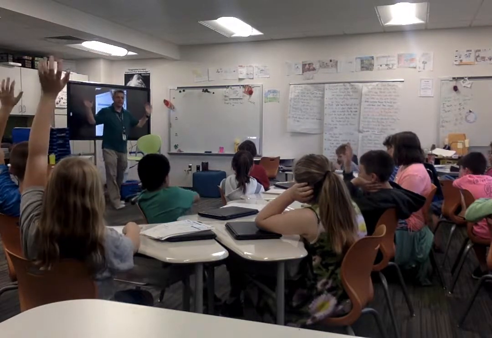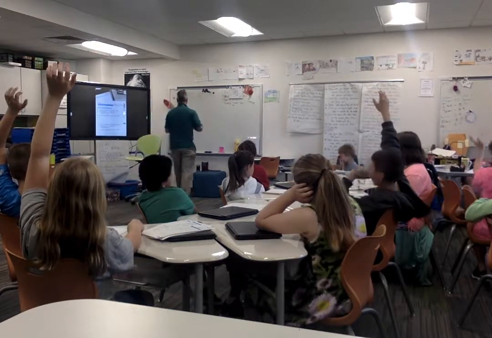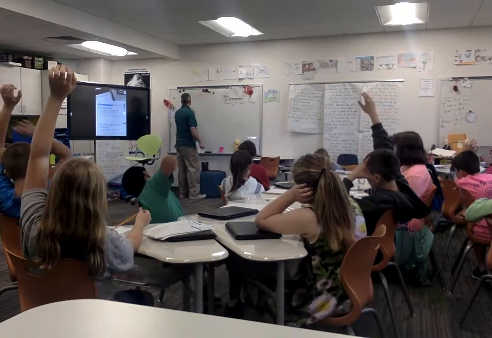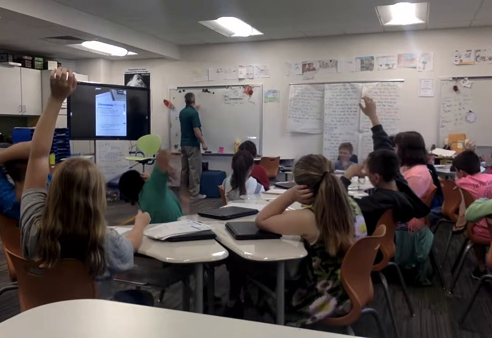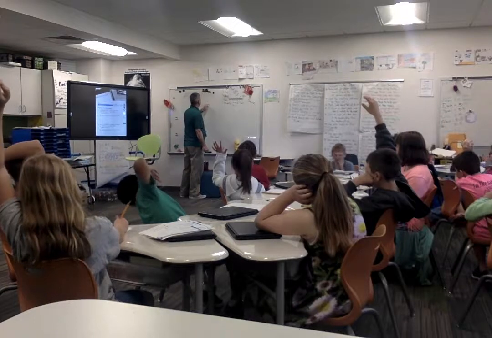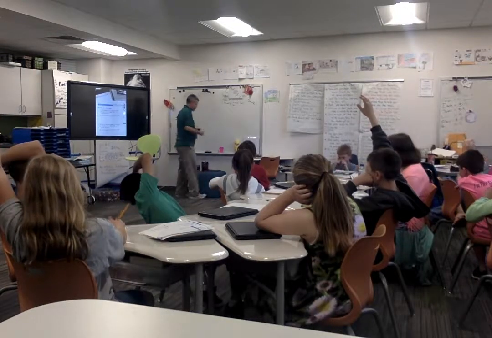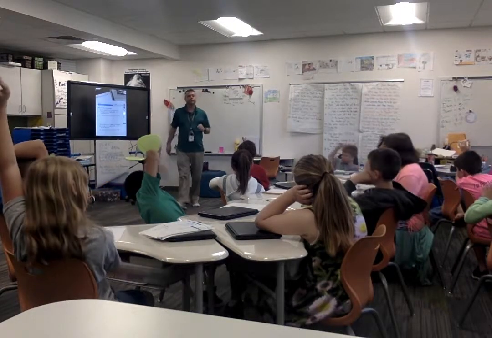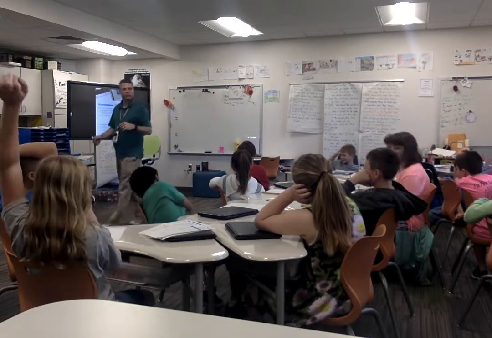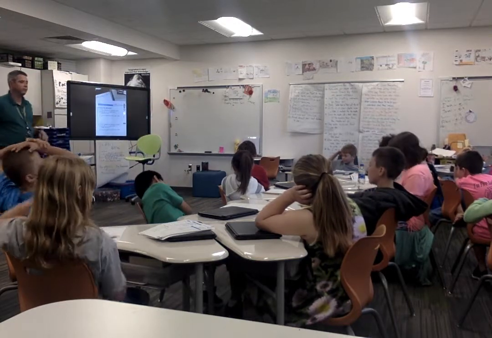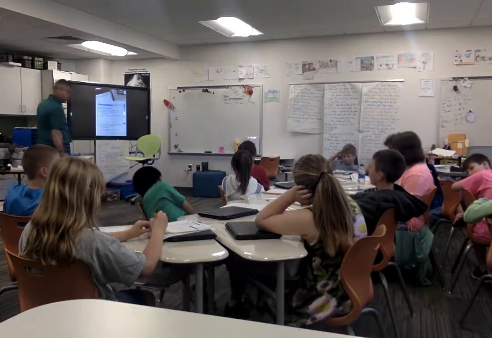I put 7 in. So how many do I have in my jar? Dave. 11. How do we know that? Because if you add 7 plus 4, you get 11.